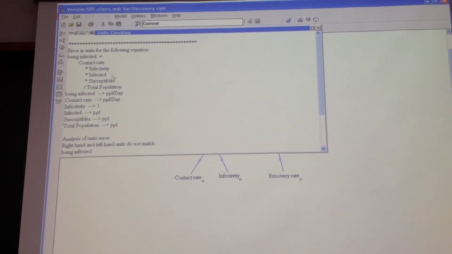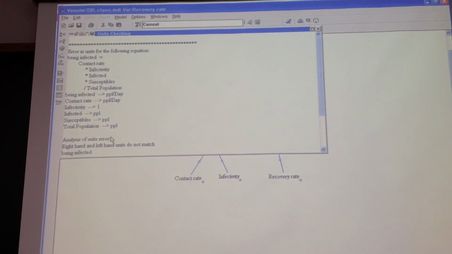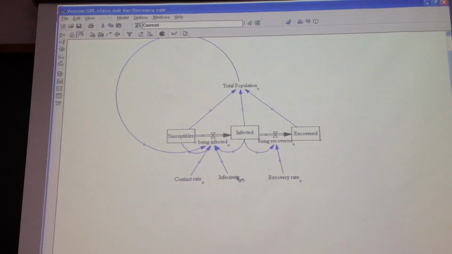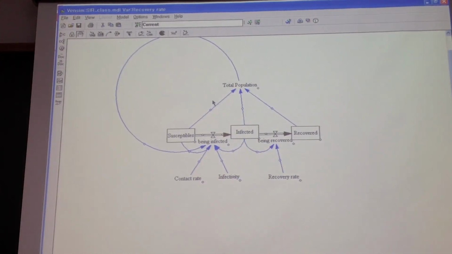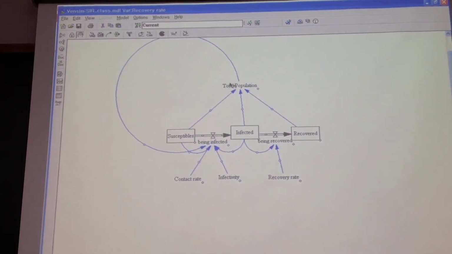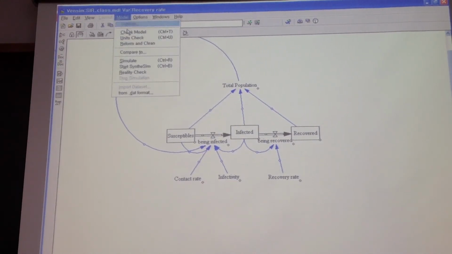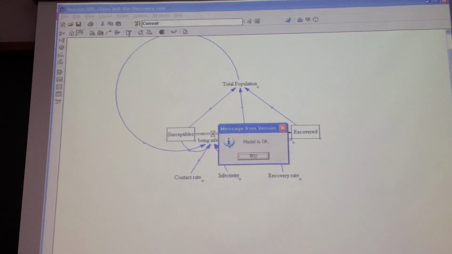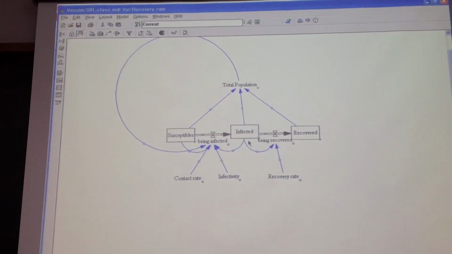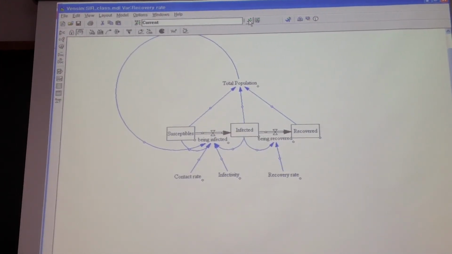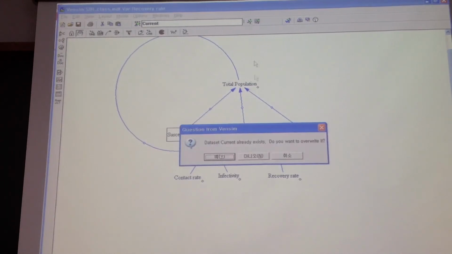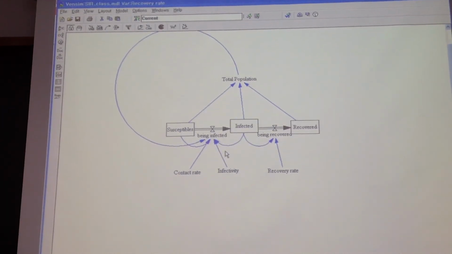So being infected, I guess I'm missing one people unit somewhere, probably contact rate. Well, let's just ignore that for the time being. And check model, model's okay. And run the model. If we run the model, it ran.